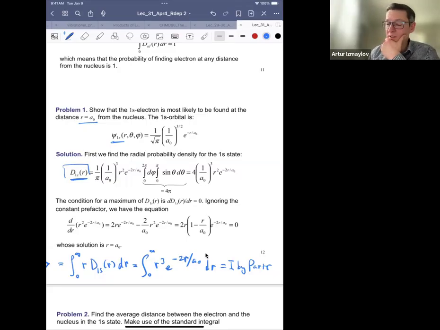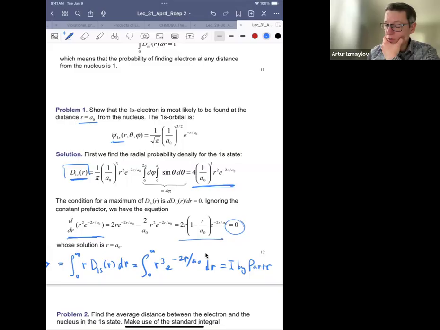So we find this D function, it's right here. And then the usual way of finding the maximum in calculus with one variable, you differentiate the function and you see what r would give you 0.